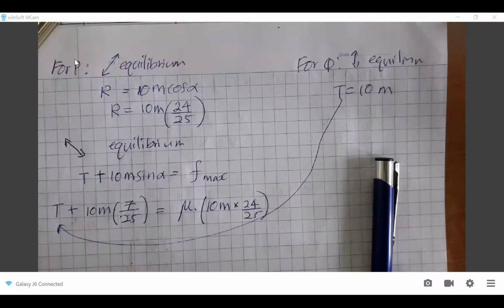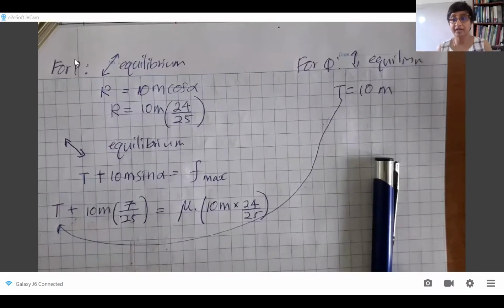Wait, you lost me. I am back. I'm sorry. Okay, great, you're discussing great. Miss, my question is, we have this equation I wrote. How did that become T equals 10m? Because there's a mu, right?